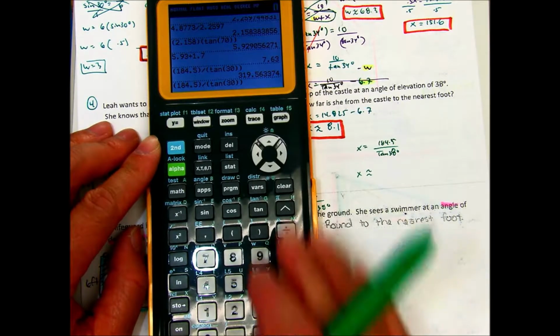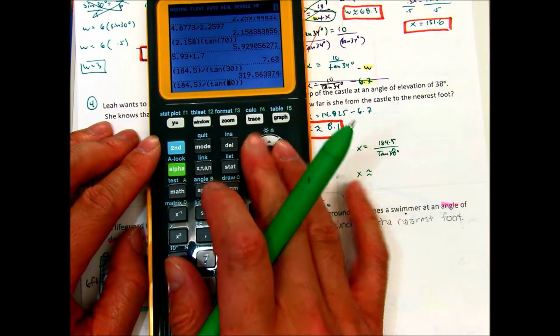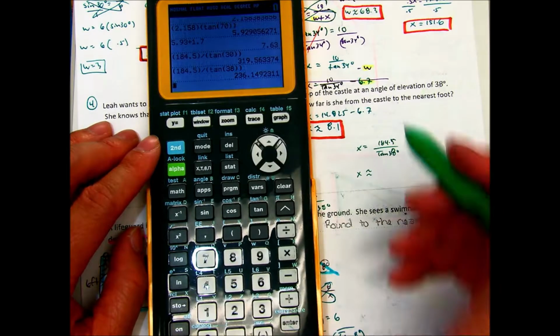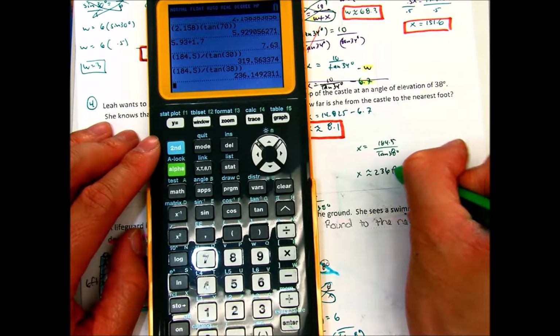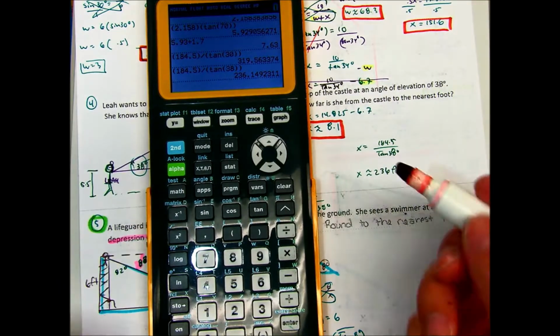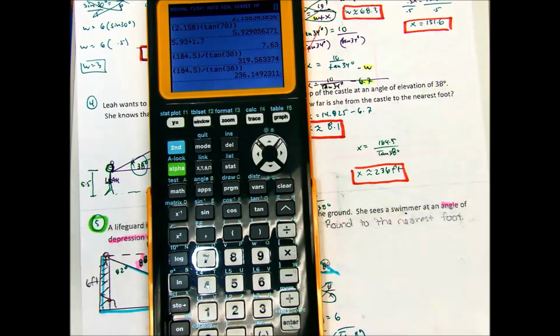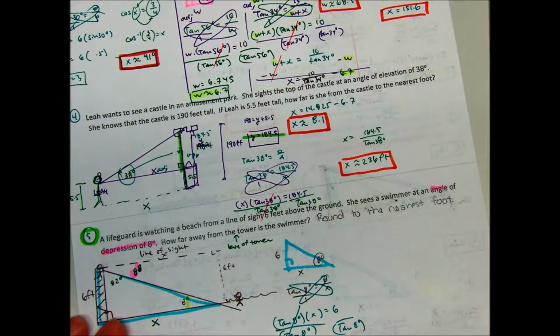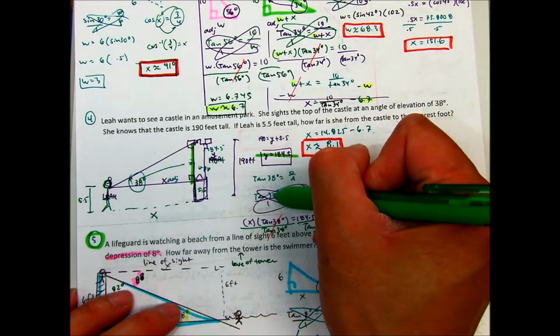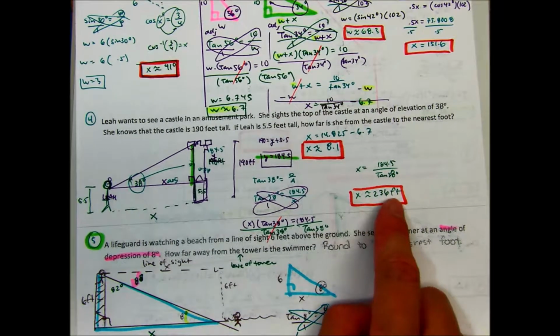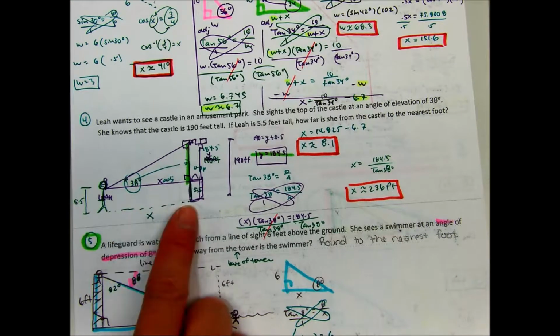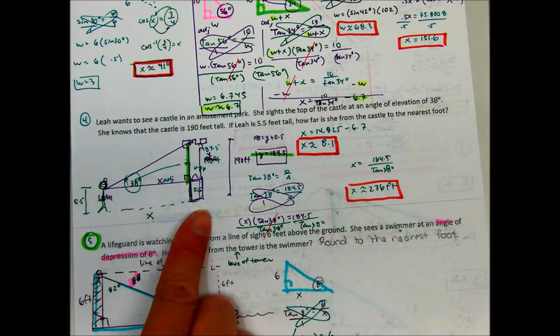And then I can just go back and change that 8. That gives me approximately 236. Remember, it's to the nearest whole foot. And this would be our answer. Let me go back and change those to be 38s. So Leah is approximately 236 feet away from the castle.